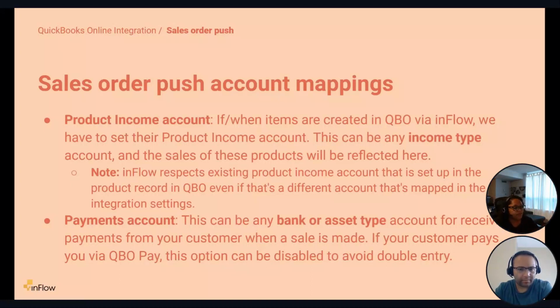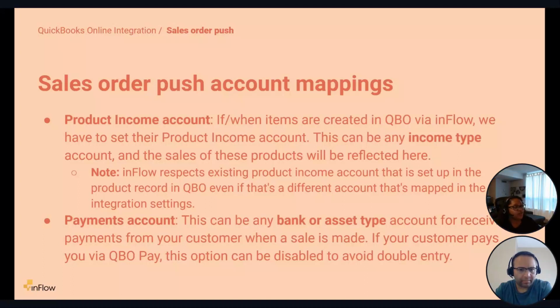So if and when items are created in QBO via inFlow, so if we're ever pushing over a sales order and there are products on the sales order that don't exist in QBO, we actually create them in QBO for you. In those cases, we do have to set the product income account. This can be any income type account, and the sales of these products will be reflected in the account that you choose.